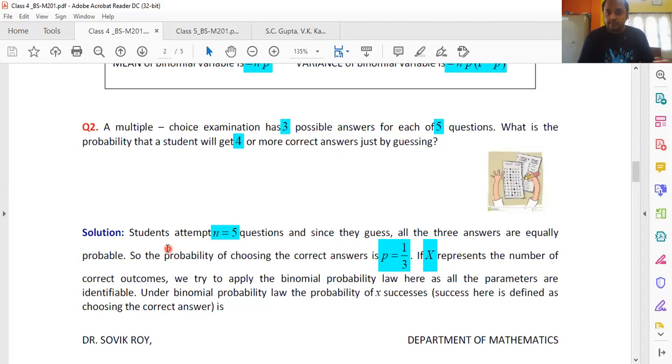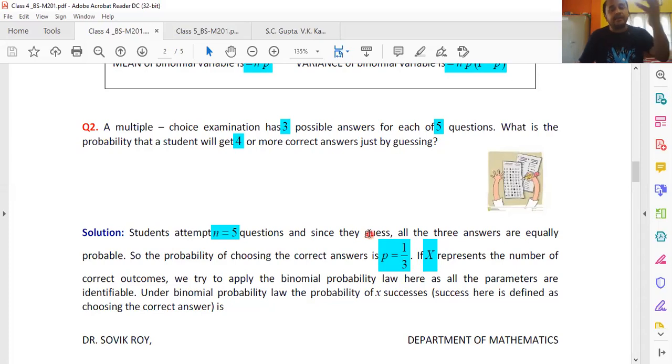Since he is guessing, it's a very important fact, and I'm taking some time to explain the situation to you: probabilities are not calculated, we allocate the probabilities. When you are guessing the answer, think about yourself. In the back of your mind, you are thinking that all the answers are equally probable.